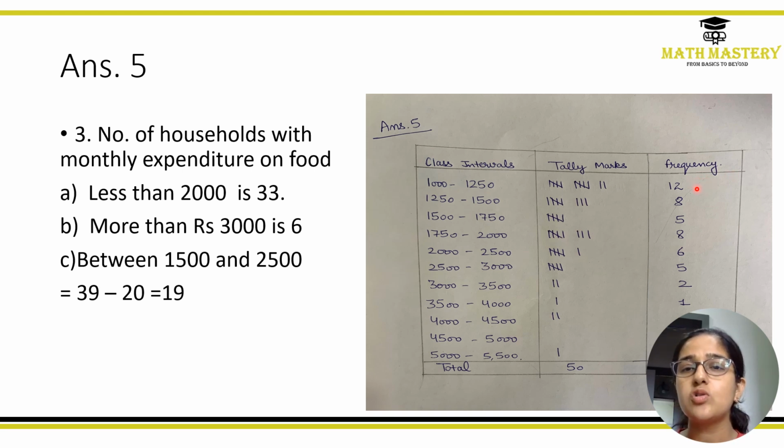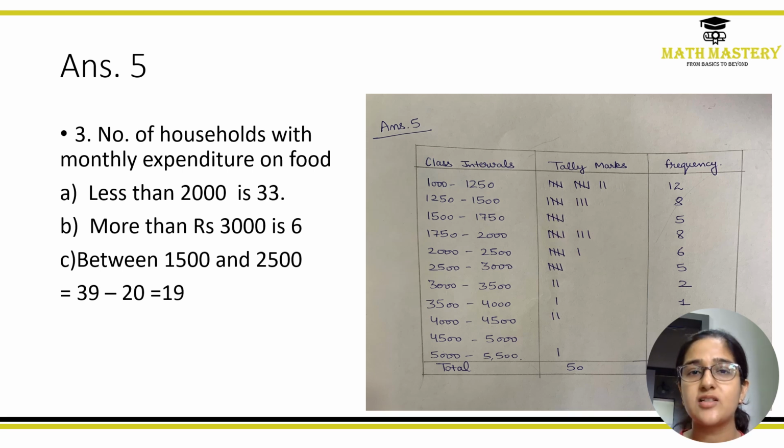So the number of households with expenditure till 2500 is 12 plus 8 plus 5 plus 5 plus 8 plus 6, which is equal to 39, minus 12 plus 8, which is equal to 20. So 39 minus 20 is equal to 19. There are 19 households whose monthly expenditure is between 1500 and 2500. I hope this is clear.